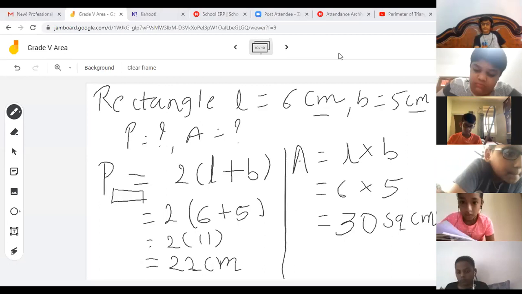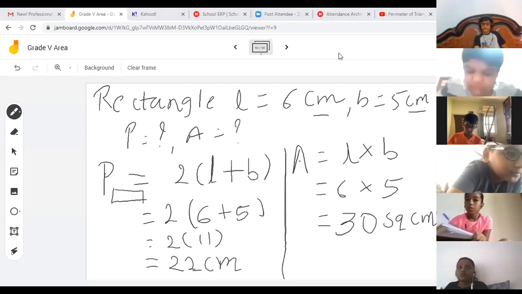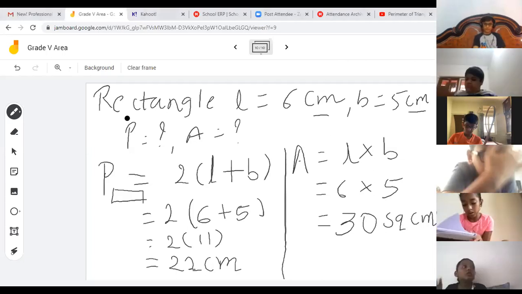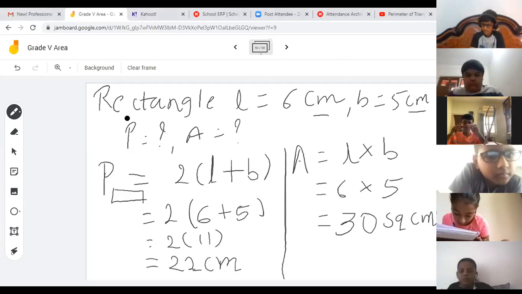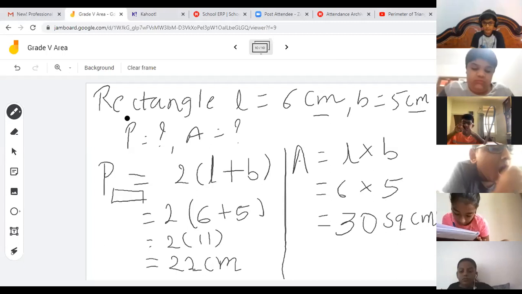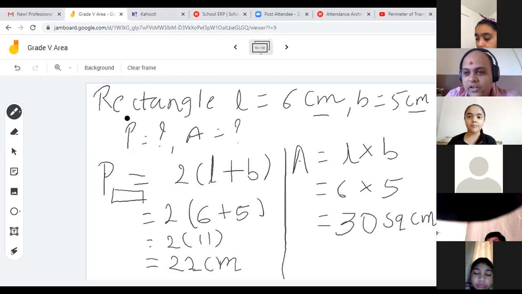Those of you who have a doubt, we will discuss why it is square in the next class. If you have a doubt, I want you to read about it. That is your homework: find out why it is square centimeter and why not just centimeter.